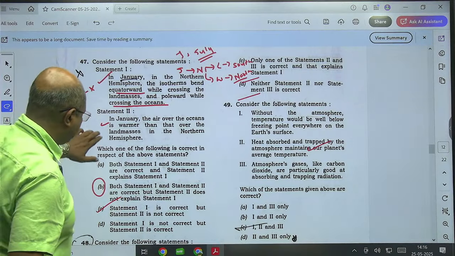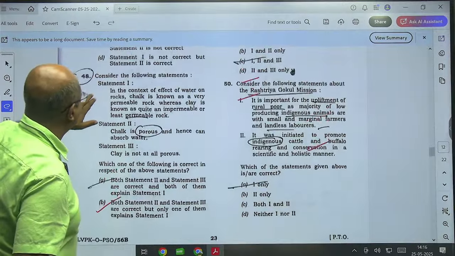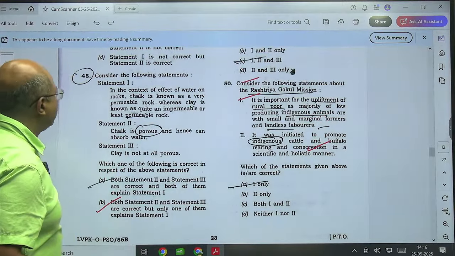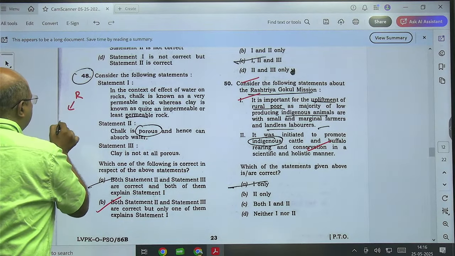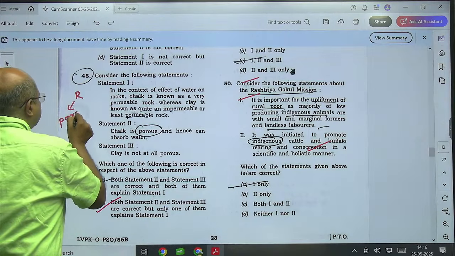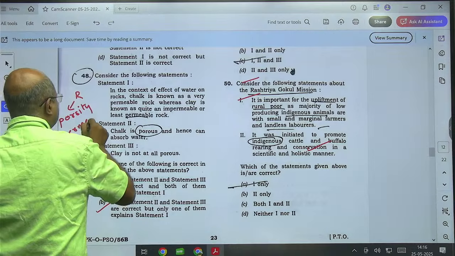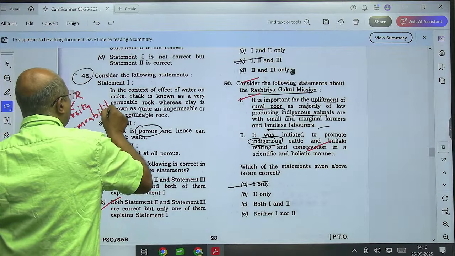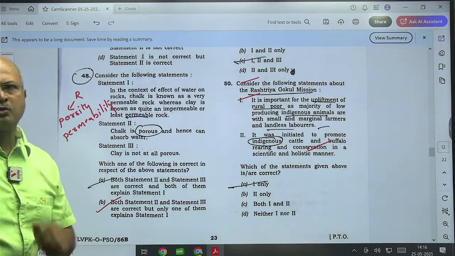Then the 48th one, consider the following statements. In the context of the effect of water on rocks, chalk is known as, now when you talk about rocks, it is associated with two parameters, porosity and permeability. Porosity is water holding capacity, and permeability is where it allows water to pass through.